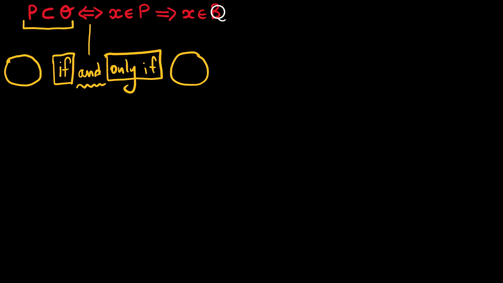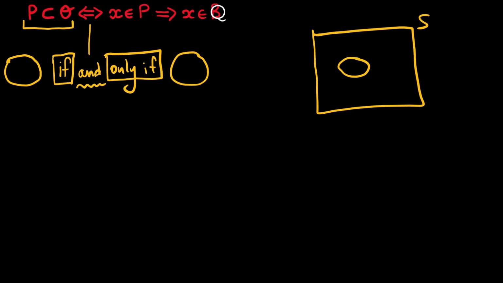If we were to draw a sample space, say this rectangle, I have set P here consisting of the points inside, and maybe I draw a set Q here consisting of the points inside of this other circle.